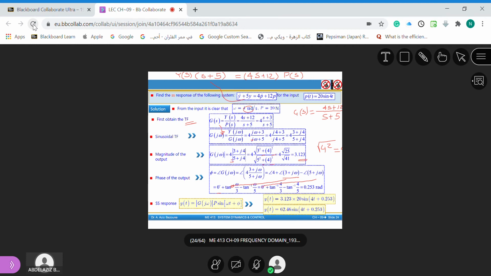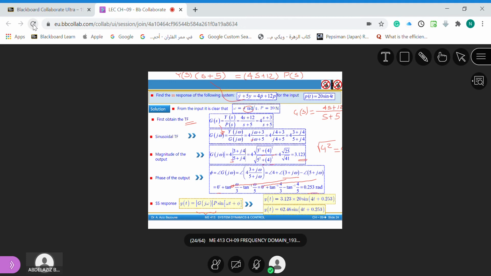You substitute omega by 4, so tan inverse of 4 over 3 minus tan inverse of 4 over 5. You will find 0.253 radian.